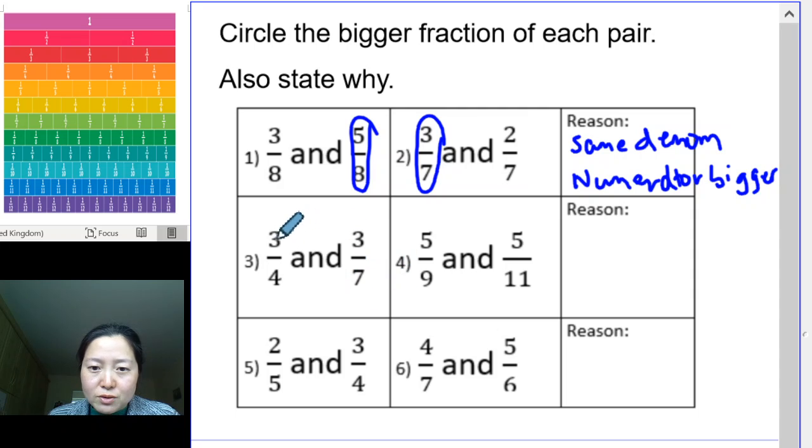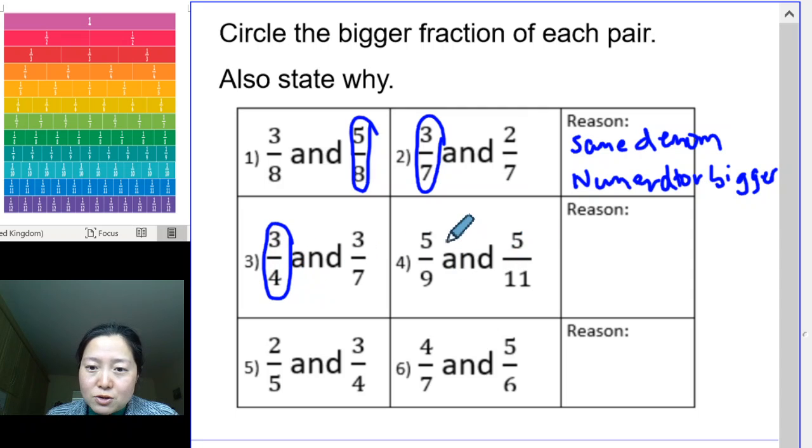In the second row, if you notice, in each pair the numerator is the same, so the bigger fraction for question number 3 is 3/4 because the denominator is 4, that's a smaller number, and therefore each piece of this fraction is a bigger size.